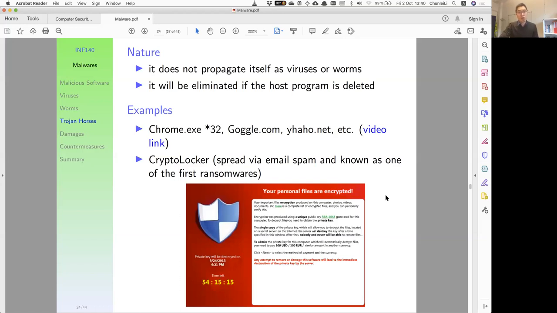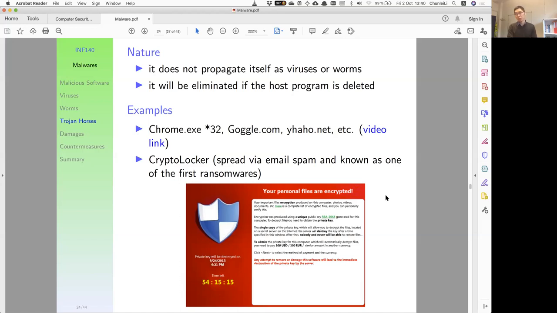The nature of a Trojan horse is, first, it's different from computer viruses and computer worms in that it does not propagate itself. Because of this, it can be easily eliminated if the user detects it, or if anti-malware software detects it.